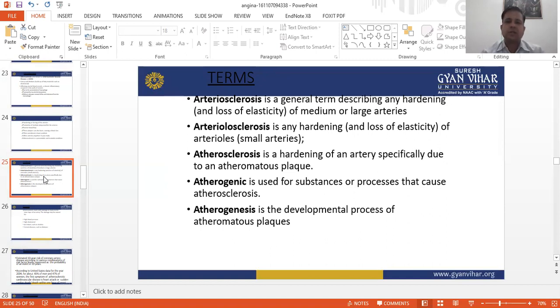Atherosclerosis is a hardening of an artery, especially due to an atheromatous plaque. Atherogenic is used for substances or processes that cause atherosclerosis. Atherogenesis is the developmental process of atheromatous plaques.